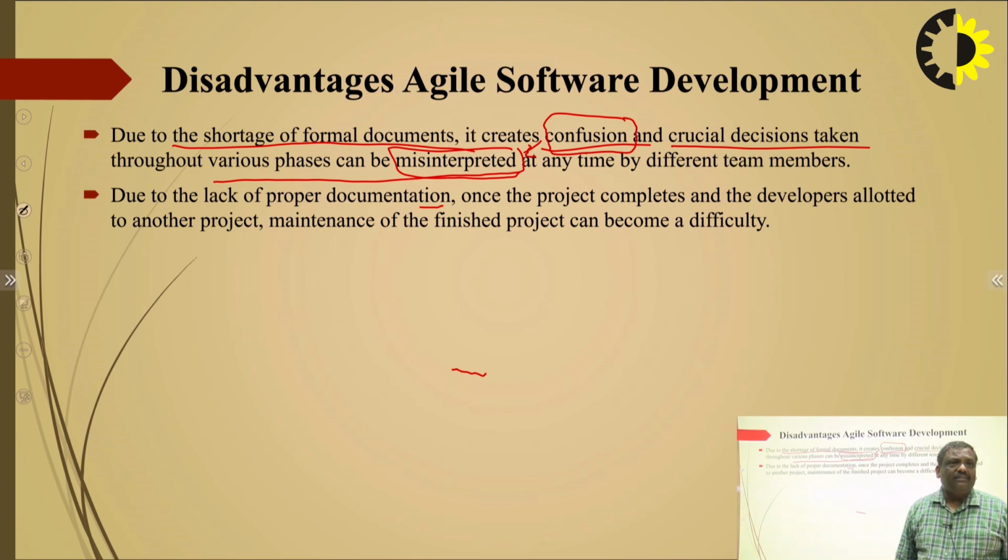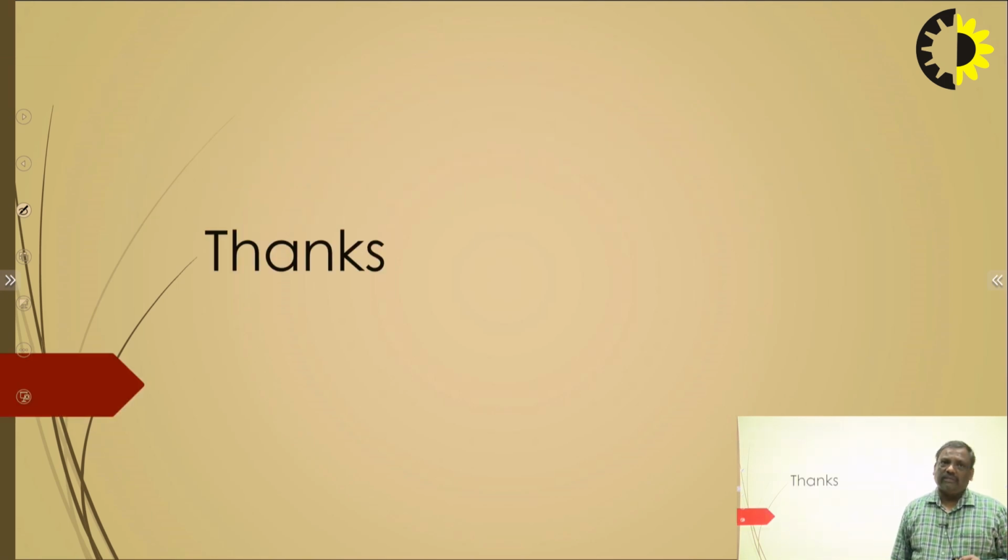So, as industry needs, nowadays more and more developers use Agile software development because of its frequent delivery model, as well as quality-wise product delivery, as well as more consideration of client satisfaction. So it is very important to understand each step of Agile software development. Thanks a lot.